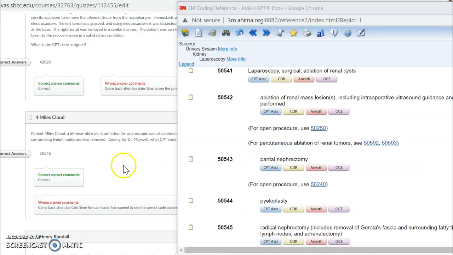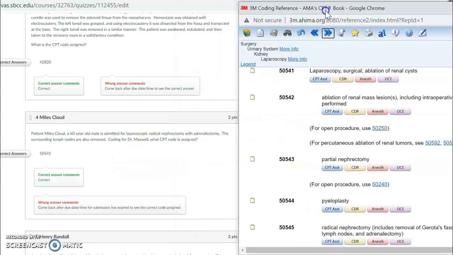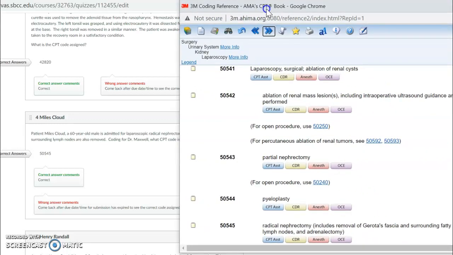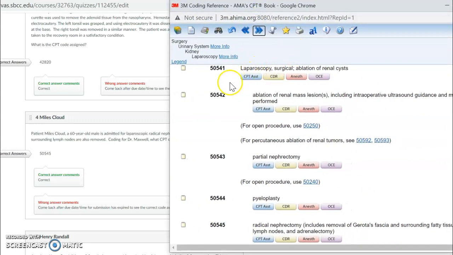Number 4, we have patient Miles Cloud, 60-year-old male, admitted for laparoscopic radical nephrectomy. The adrenalectomy, surrounding lymph nodes are also removed. Okay, so a couple things with that. So we are in the laparoscopic. Okay, so then we look at surgical. Remember, everything after the semicolon is dropped.